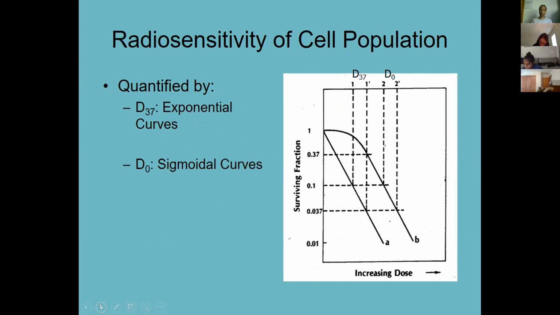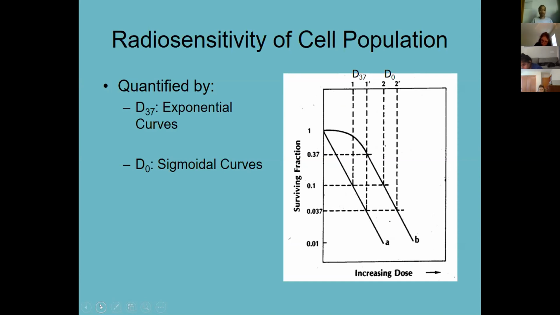But remember, radiosensitivity, when we relate it to cell survival curves, is a dose. So we have to be able to measure it or to quantify it. For exponential curves, we call it D sub 37, and I'll explain that in just a second. For sigmoidal curves, we call it D sub 0.